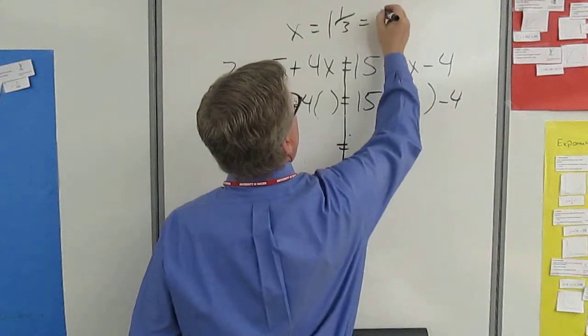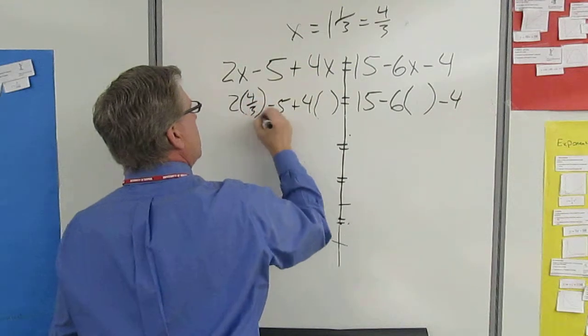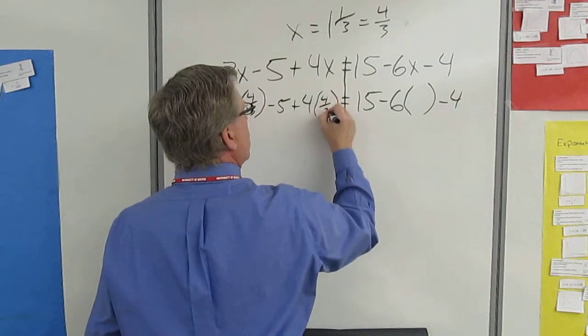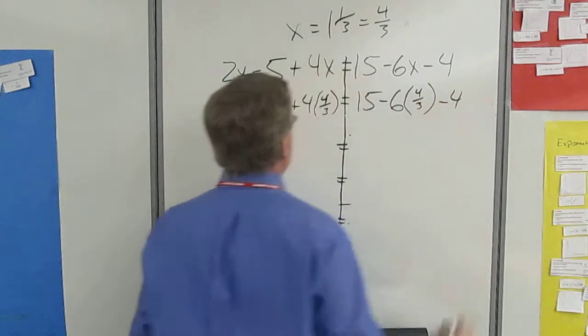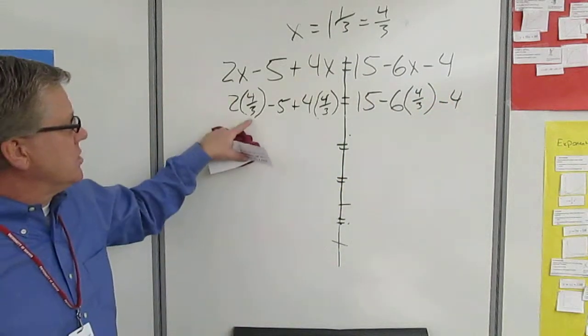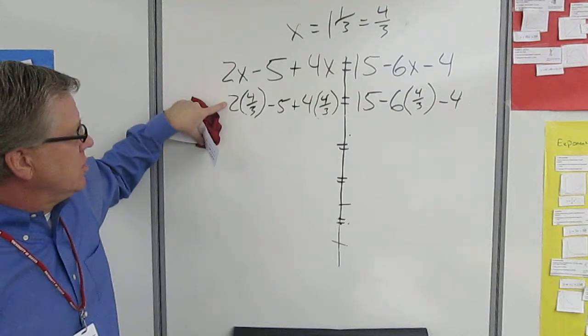Equals 4/3 and 4/3. Okay, first, let's do this. Let's distribute this. We've got 2 times 4/3, so that's 8/3.